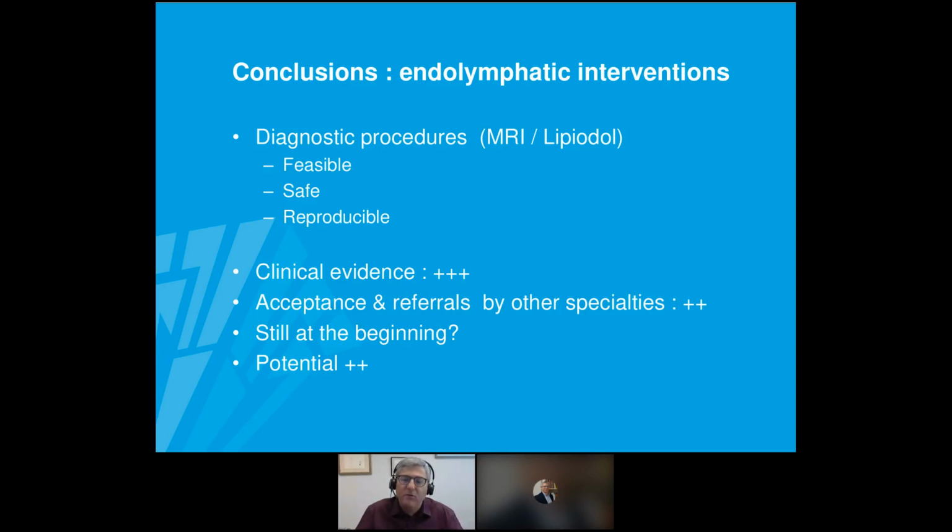Yeah, well, in general, you do not have to place a pigtail or another drainage catheter before you start the procedure. However, for lymphoceles, for instance, and also for chylothorax, these patients already have a drain as a first attempt to treat these pleural effusions.